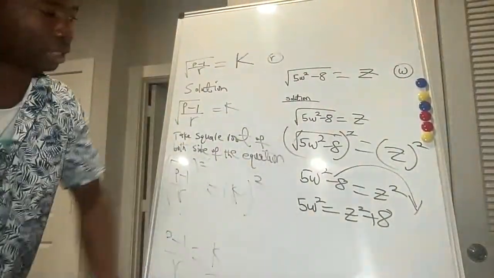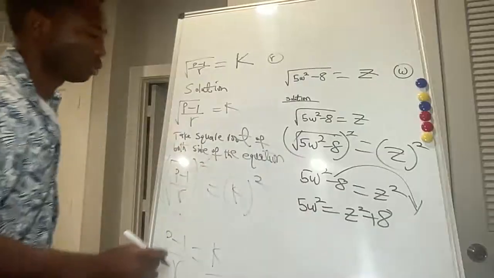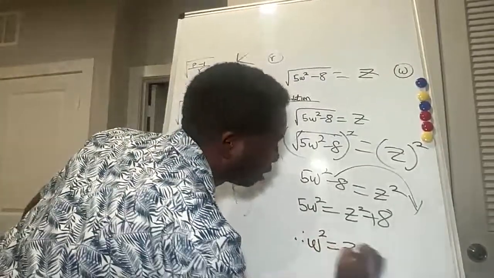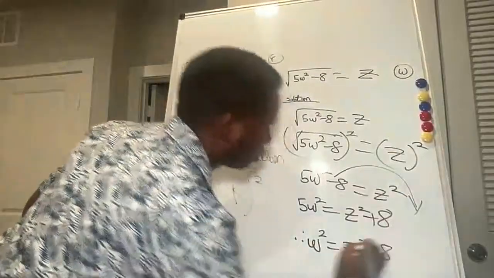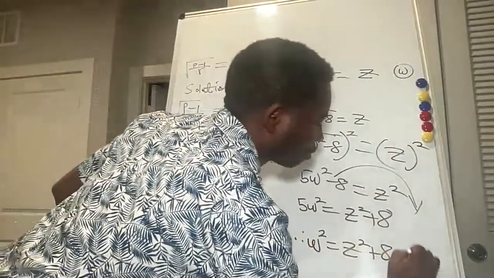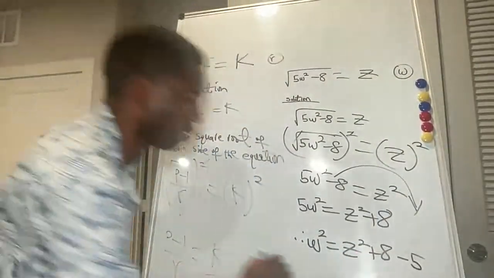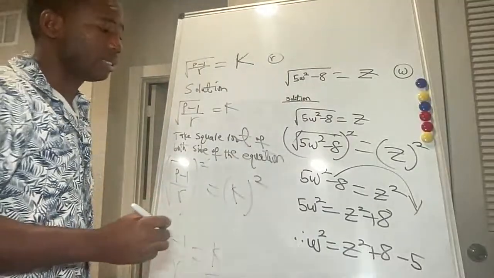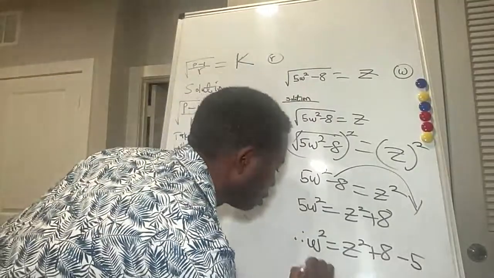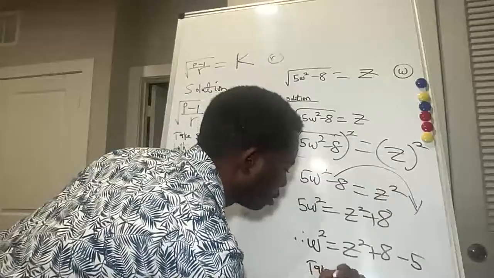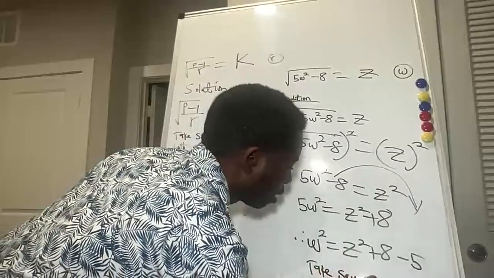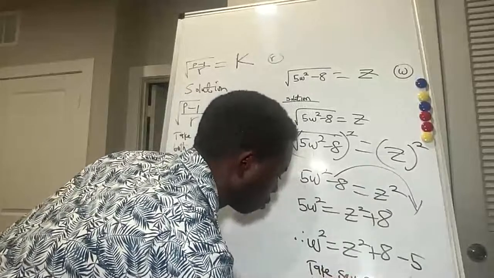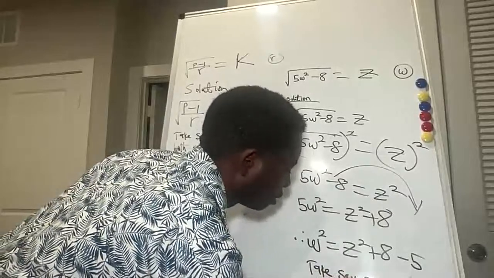Now when you get to this stage, you are making W the subject. So W squared is equal to Z squared plus 8 over 5. Then what are we going to do here? Take the square root of both sides.